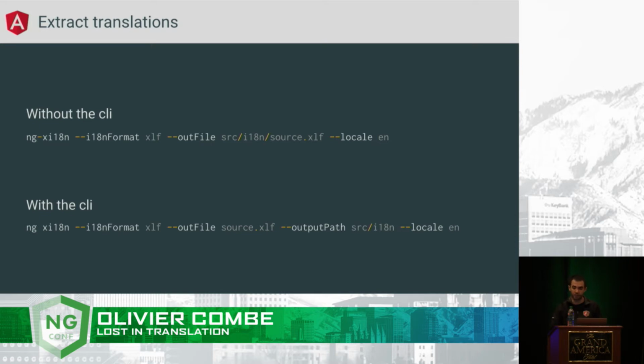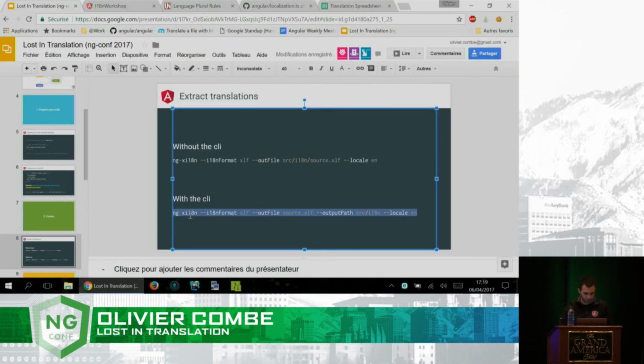So you have en or en-US, for example, en-UK, fr-CA, and those kind of strings. It's what you can get when you use the navigator language in your browser. And so let's use this one with the CLI for our application.